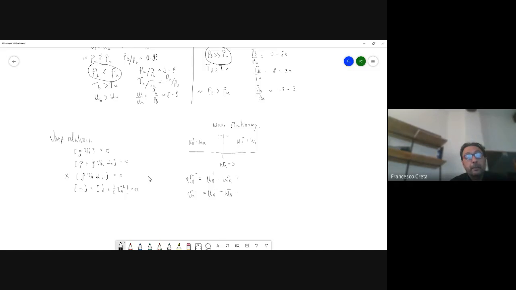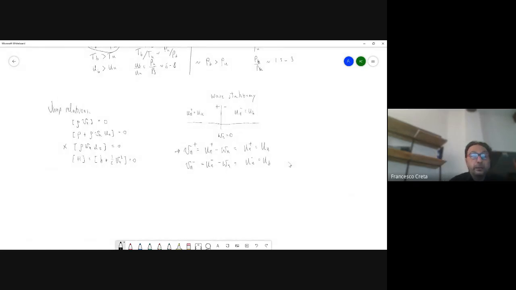And clearly, because Wn is zero, the definition is really straightforward. They're essentially u and ub. So the velocity of the flow relative to the interface is nothing else but the actual velocity, u on the plus side and ub on the burnt side. Why do we need to define these Vn plus and Vn minus? Because they appear in the jump relations.